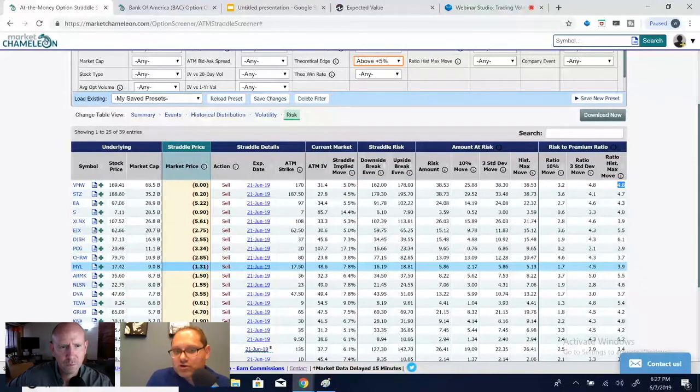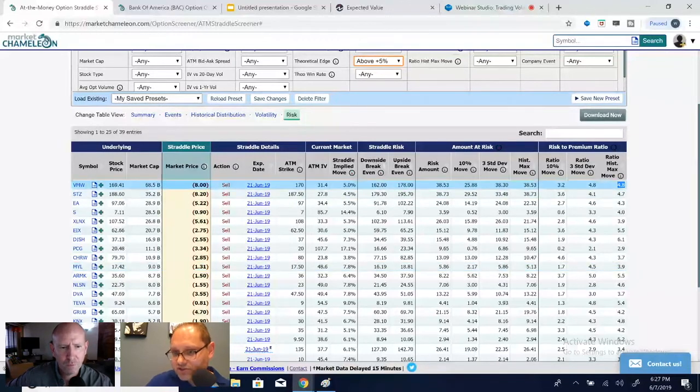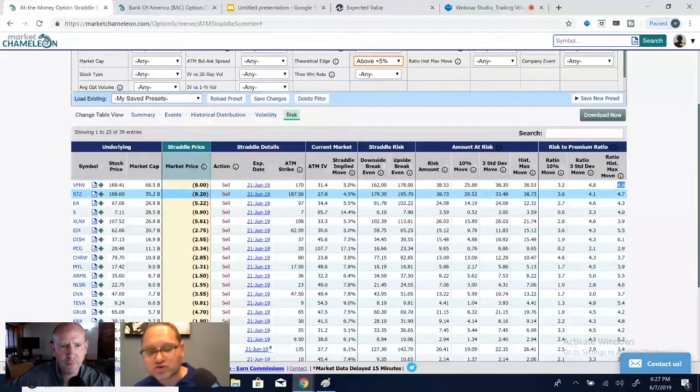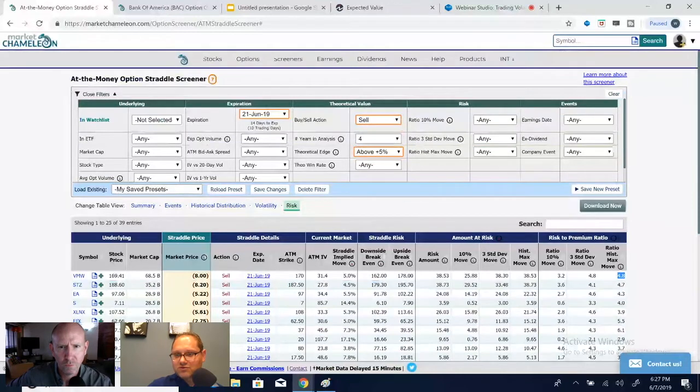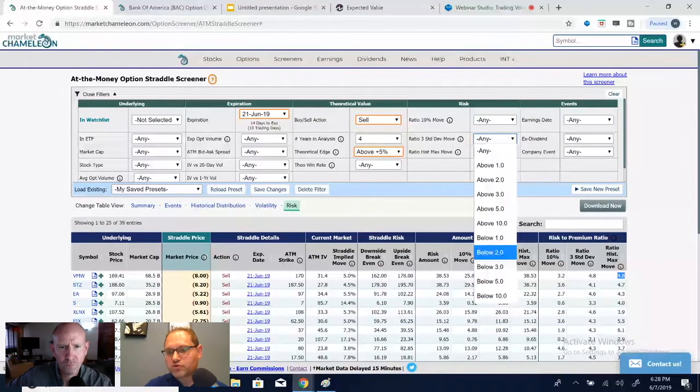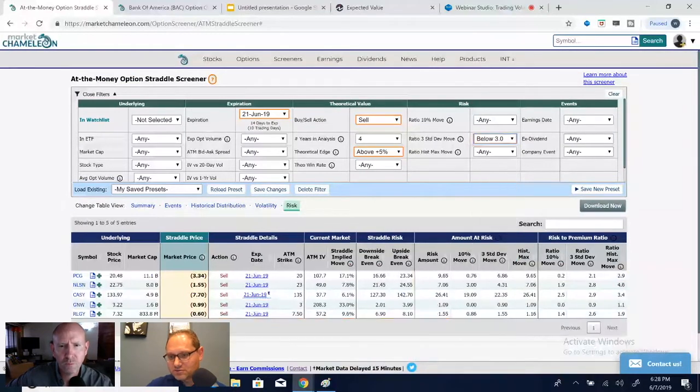That's what we use as the worst catastrophic risk out of those 3. And you could even screen by that, like a 3 standard deviation move, showing me something with a ratio below 3.0.